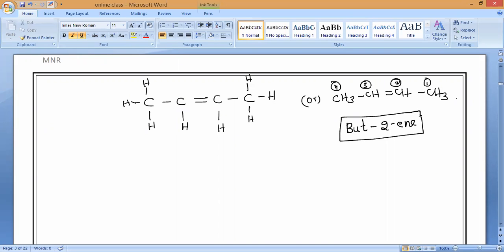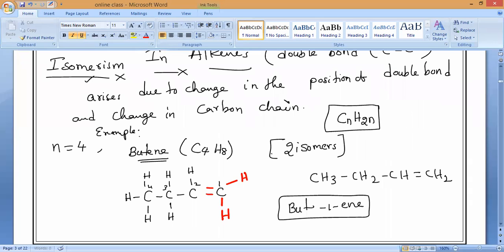So here, that is what you should remember. 1-ene and 2-ene represent the position of the double bond in the carbon chain. So but-1-ene means the double bond is after carbon number 1.